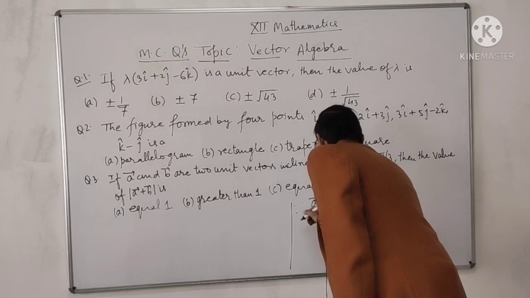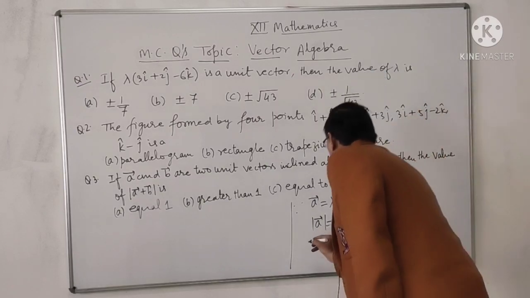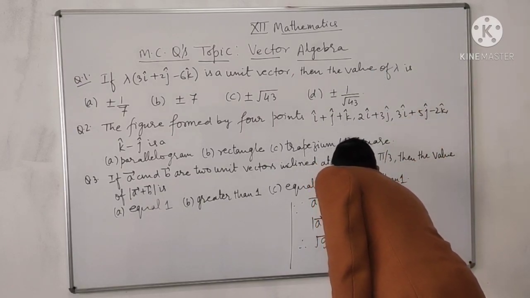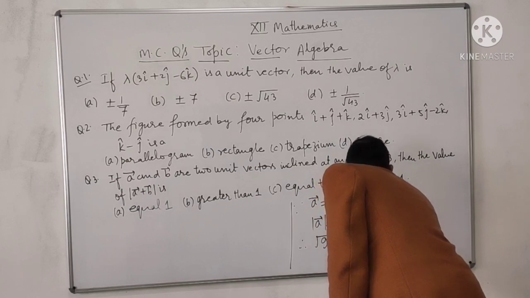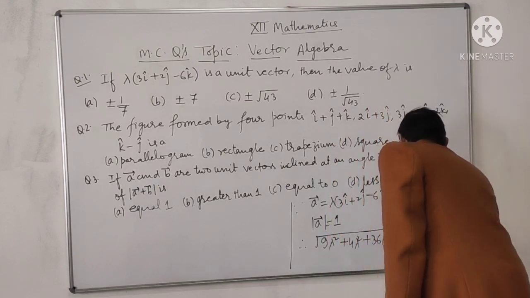the mod of the vector is 1 because it is a unit vector. Therefore, root of 9 lambda square plus 4 lambda square plus 36 lambda square equals 1.